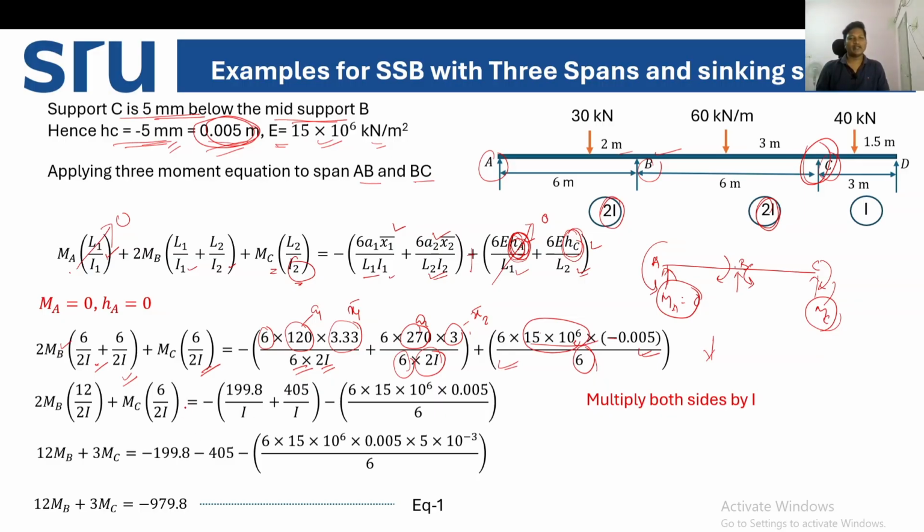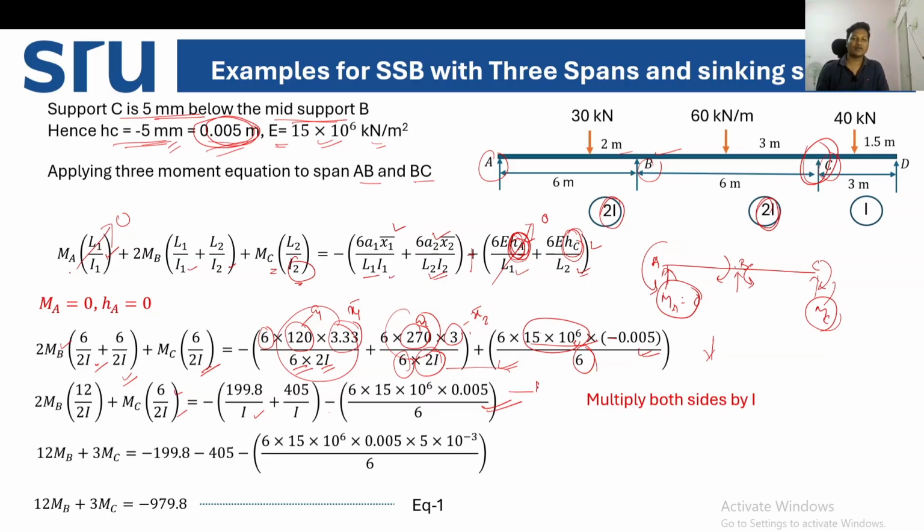So again, rewrite the equation. The equation is 2MB into 12 by 2I plus MC 6 by 2I equals minus 199.8 divided by I, plus 405 divided by I, minus 6 into 15 divided by 6 into 0.005 divided by 6. This is the final equation.